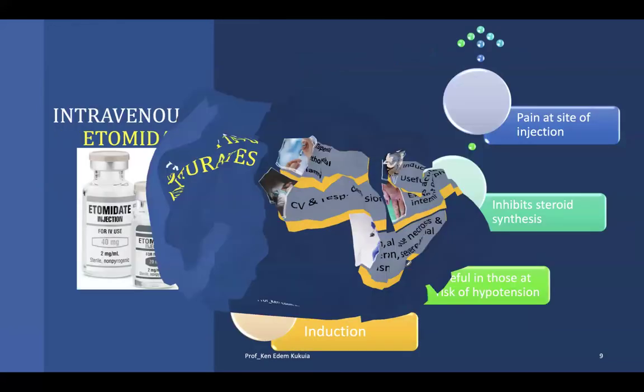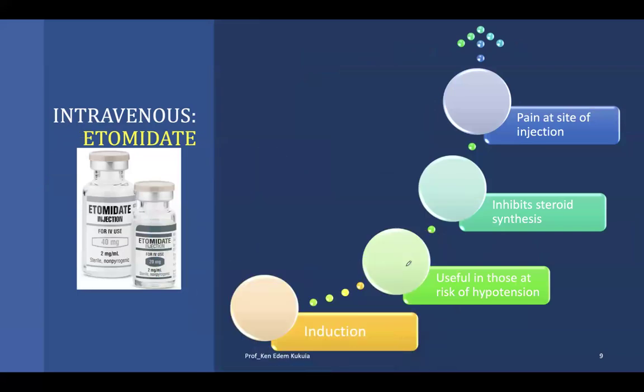The next drug I want us to look at is etomidate. Now, etomidate could also be used in induction of anesthesia. It is quite useful in patients who are at risk of hypotension because unlike the previous two drugs, etomidate does not cause too much cardiovascular depression.